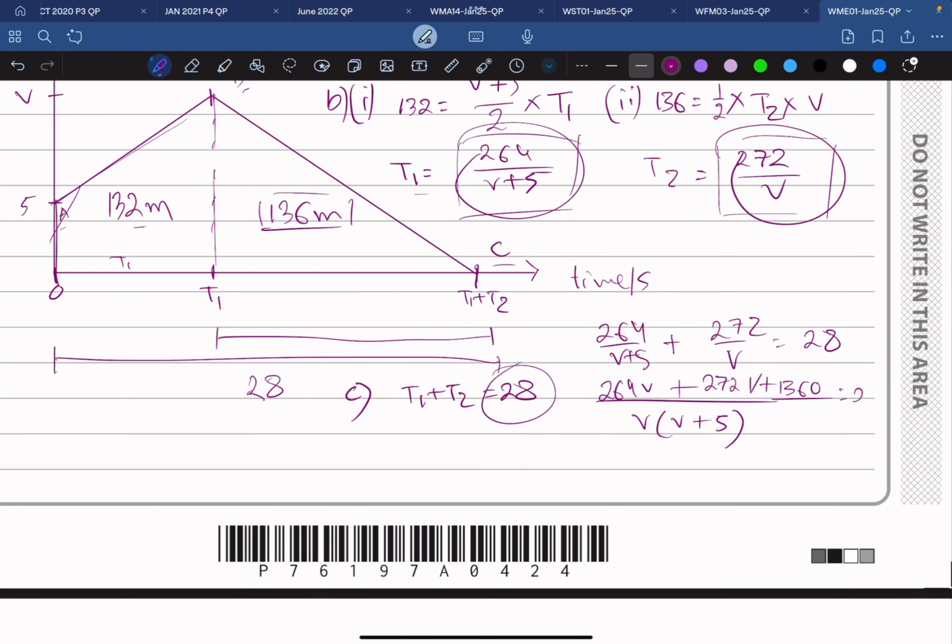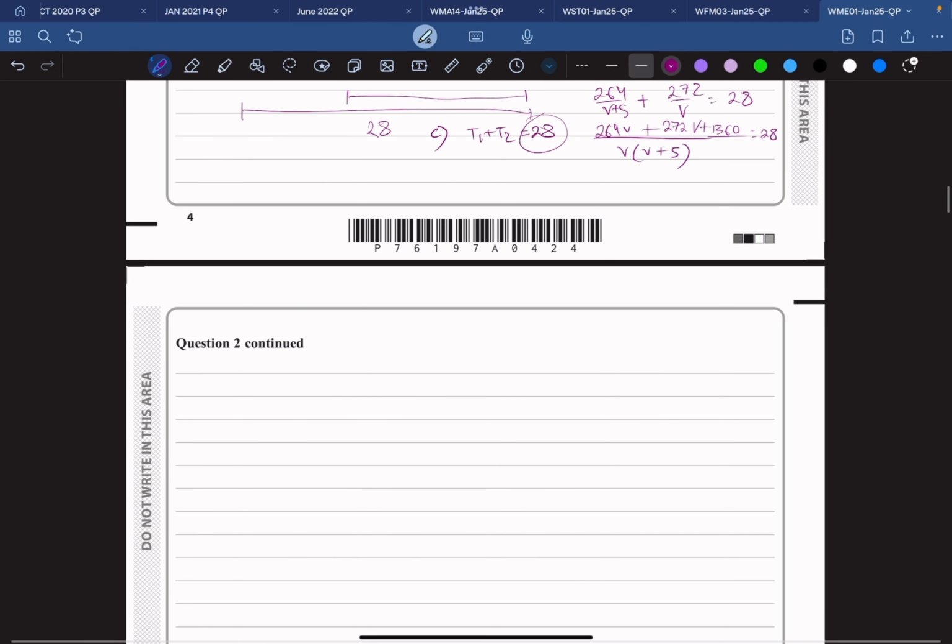That is equal to 28. Alright, now, let's just bring this down here. 264 plus 272, that's going to give us 536V plus 1360 is equal to 28V squared.